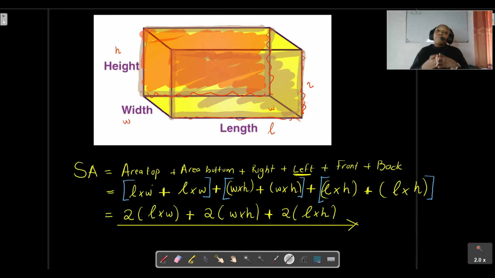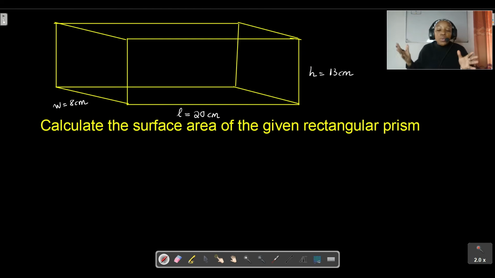Let us calculate the surface area of a particular rectangular prism, using just what I've explained to you. We are given the following rectangular prism and we're asked to calculate its surface area. Please note, this is a closed box, so it has 6 faces that we need to consider when calculating the surface area.